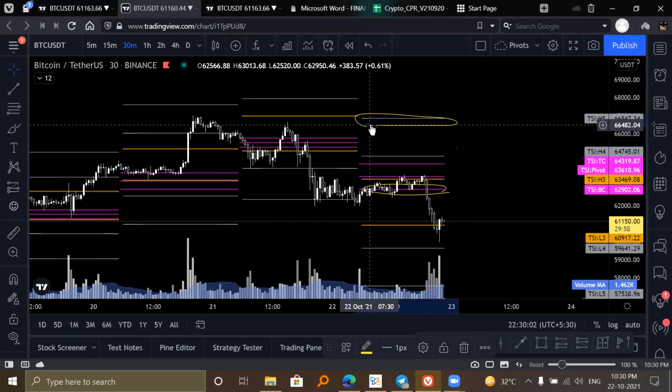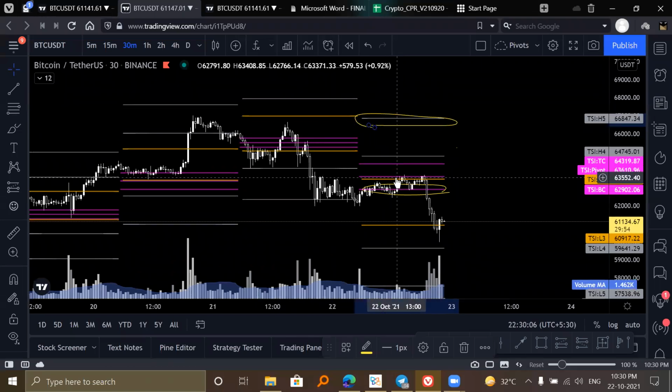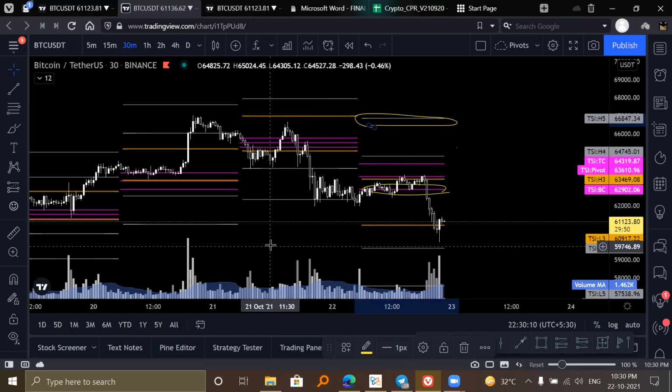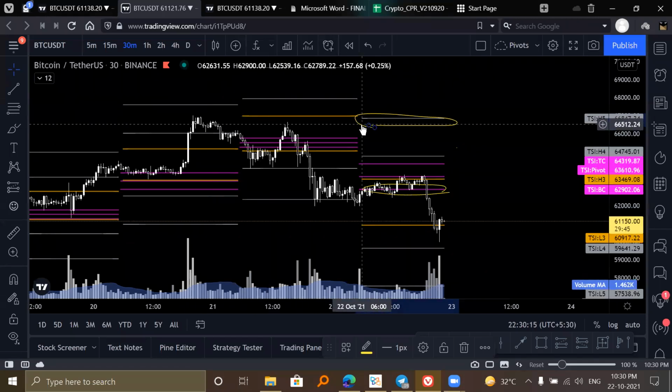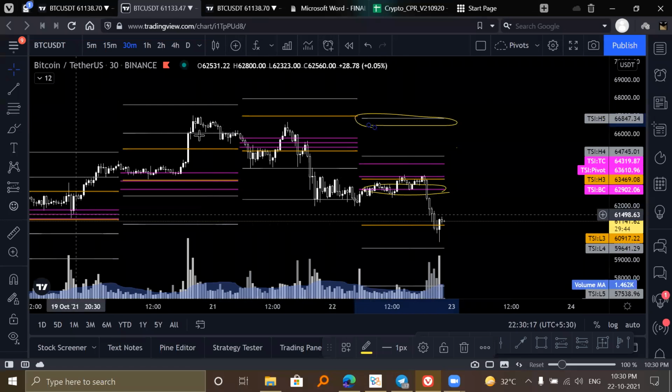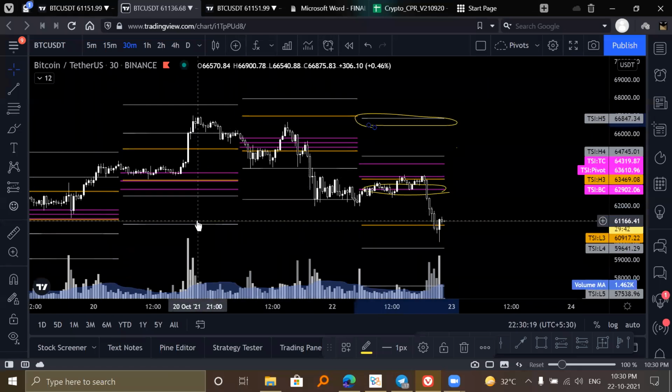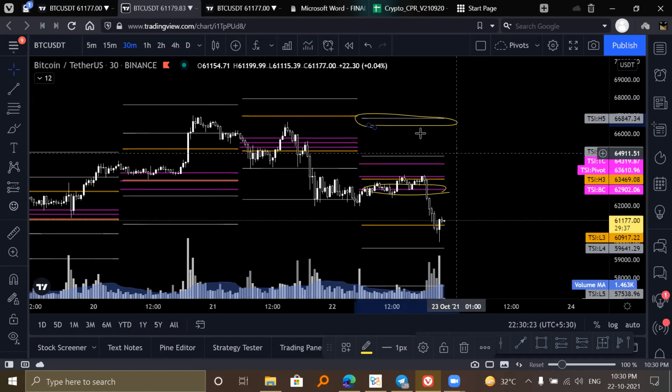For me, I used to trade from February till about June, July on Fibo pivots, but after some weeks of observation, I felt that camarilla pivots work better than the Fibonacci pivots. That's why now I'm trading on these pivots only.